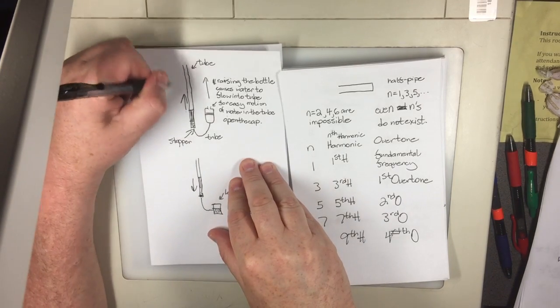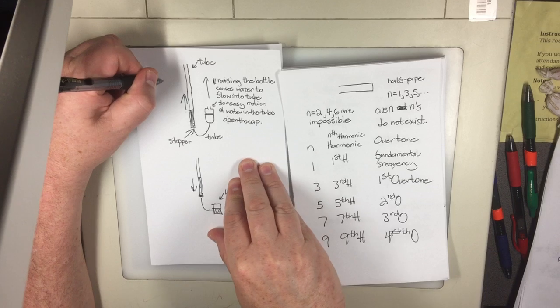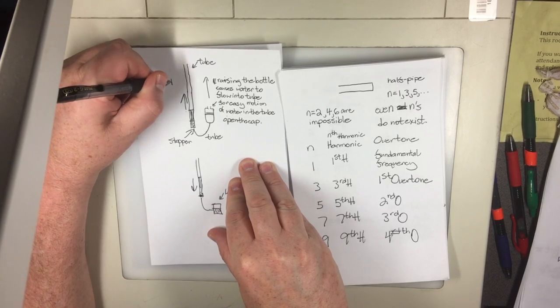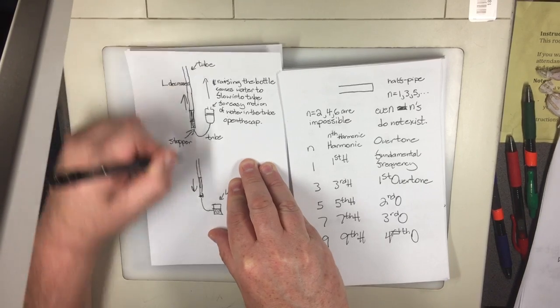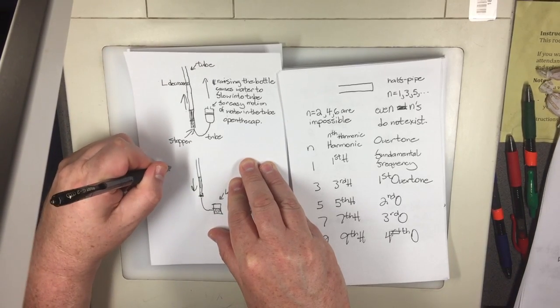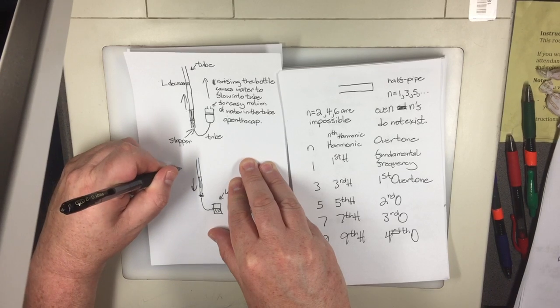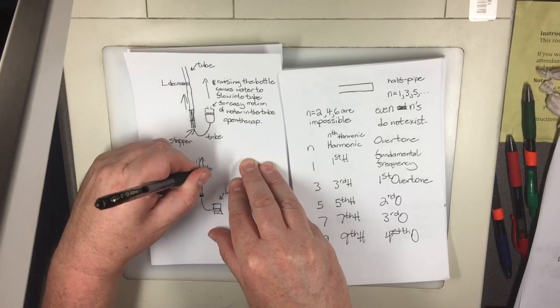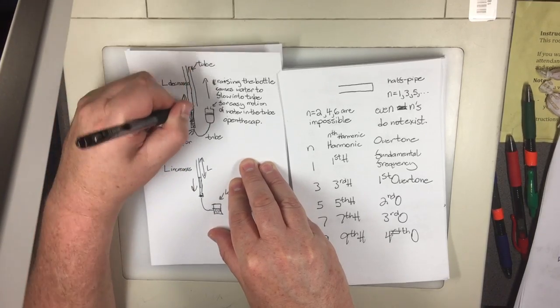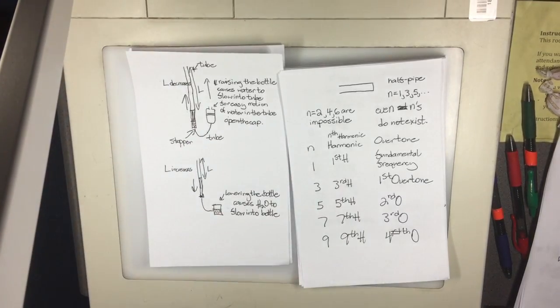This means that in this situation, L decreases, and in this situation, L increases. L is the length from the top of the tube down to the water level.